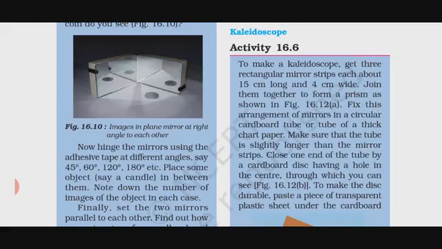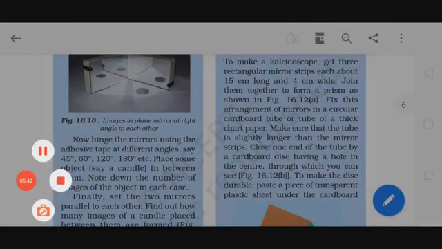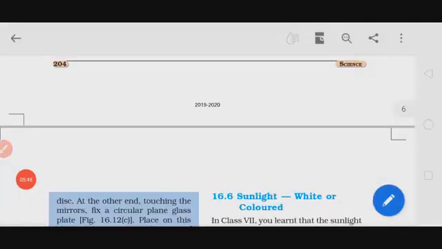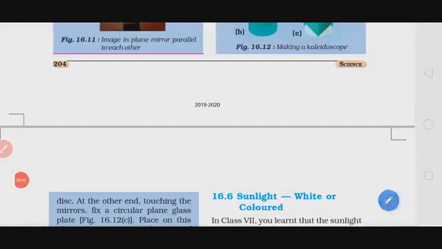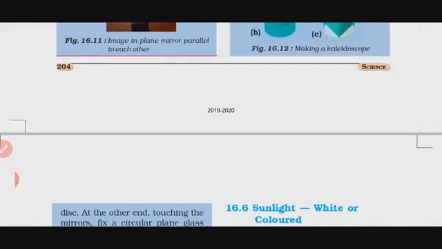So there is a formula by which we can calculate the number of images, and that formula is beyond your syllabus, but I can still provide it to you. There is a formula by which we can calculate the number of images formed at a particular angle.